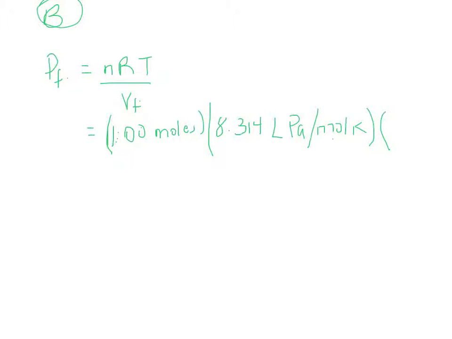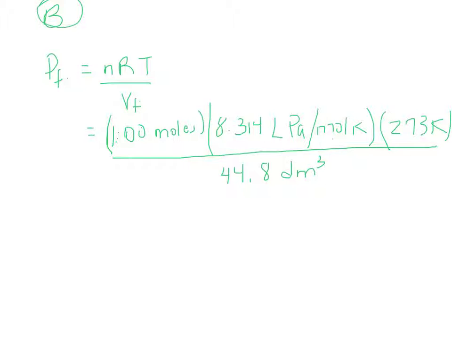times our temperature, which is 273 Kelvin. And then we divide that by our final volume, which is 44.8 cubic decimeters. We know that a cubic decimeter is the same thing as a liter.